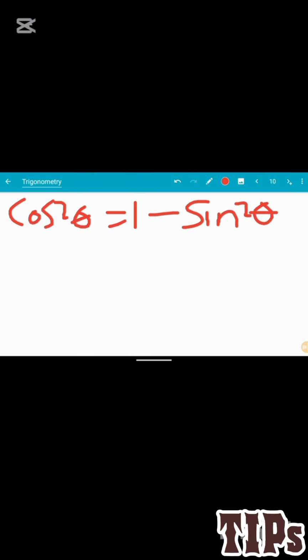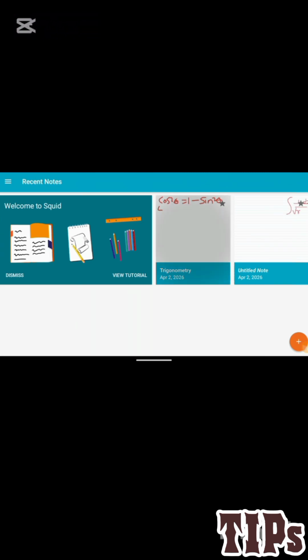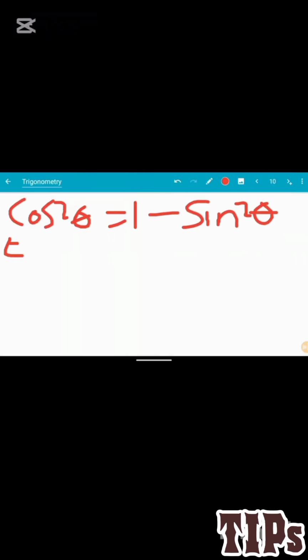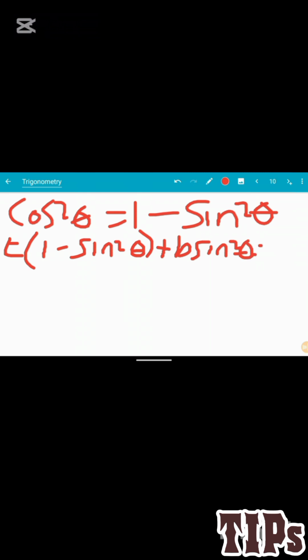So we can represent this as t times 1 minus sine square theta plus b sine square theta is equal to h.